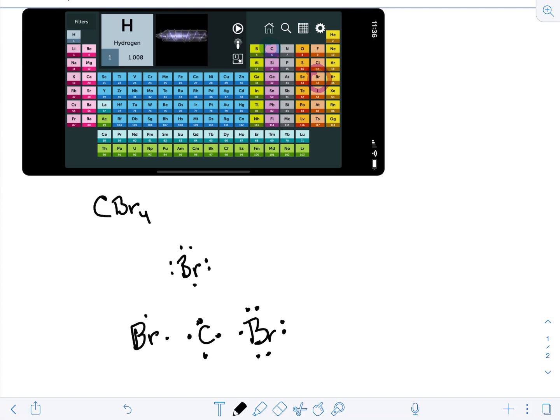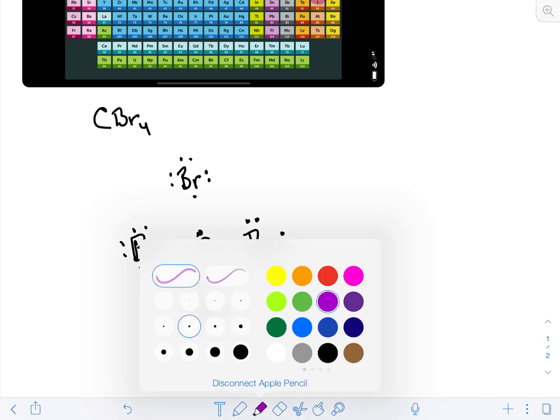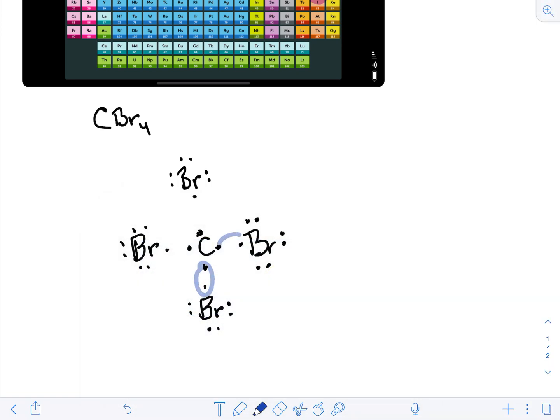Now please remember, the goal is to have 8 valence electrons. So we want to make sure that both carbon and bromine have 8 valence electrons. So I'm going to show the fact that they're sharing 2 electrons each to represent the covalent bond.